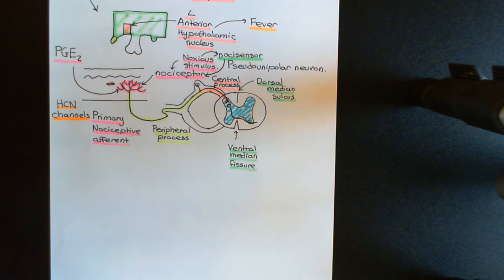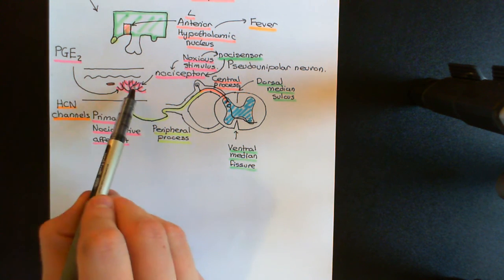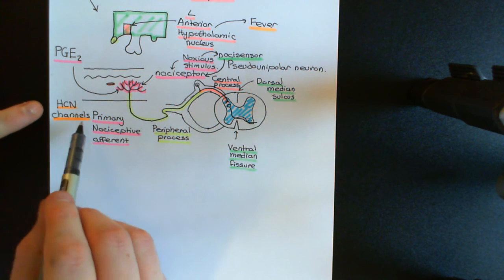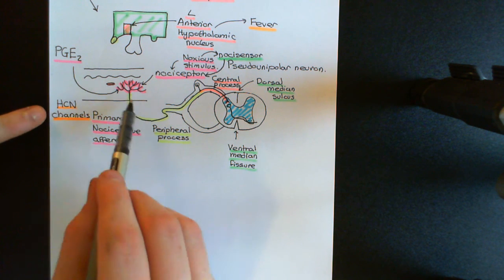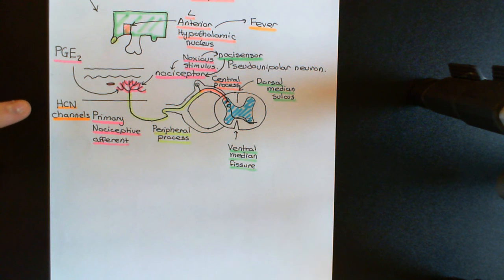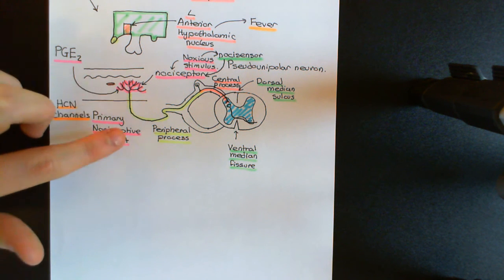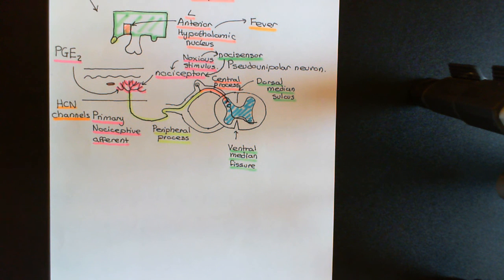And what's believed to actually happen is when prostaglandin E2 stimulates the nociceptors, it's believed to actually activate these HCN channels, and they will now start setting up electrical activity on a rhythmic basis in these nociceptors and causing action potentials to fire up the primary nociceptive afferents on a rhythmic basis.